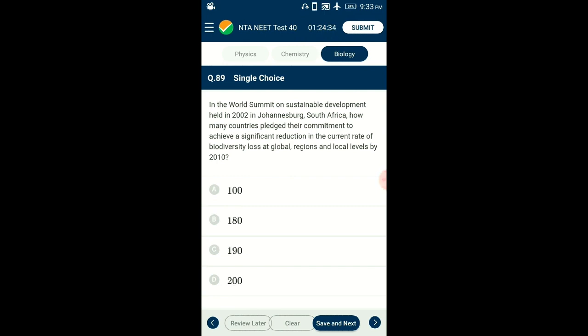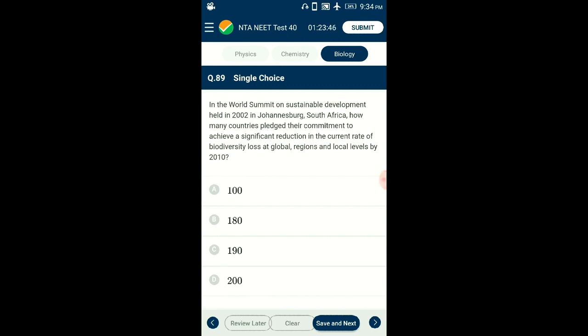Question number 89. In the World Summit on Sustainable Development held in 2002 in Johannesburg, South Africa, how many countries pledged their commitment to achieve a significant reduction in their current rate of biodiversity loss at global regions by 2010? The historic Convention on Biological Diversity, generally called the Earth Summit, held in Rio de Janeiro in 1992, called upon all nations to take appropriate measures for conservation of biodiversity and sustainable utilization of its benefits.